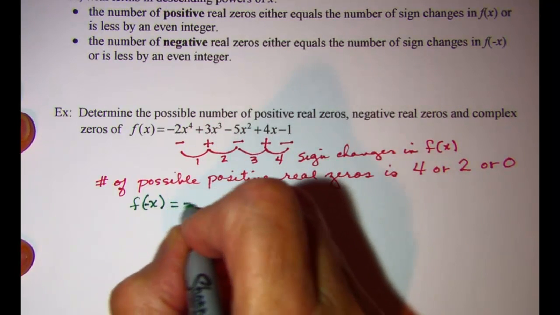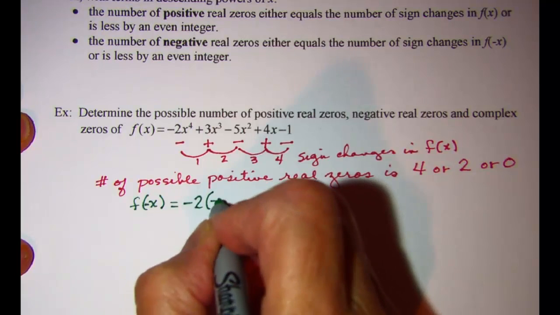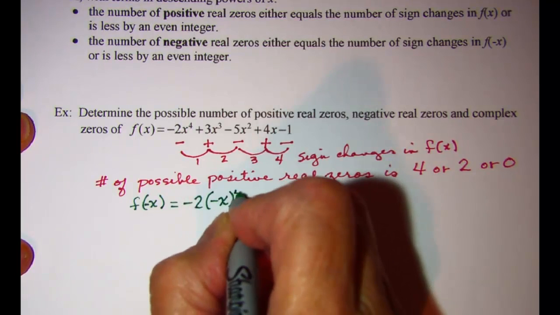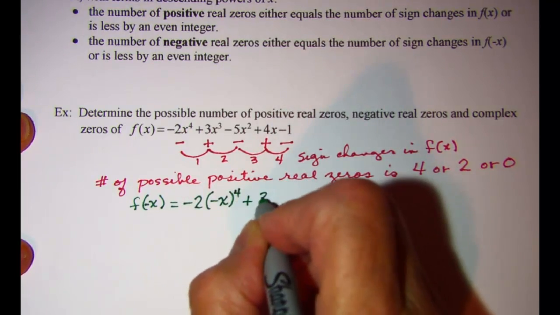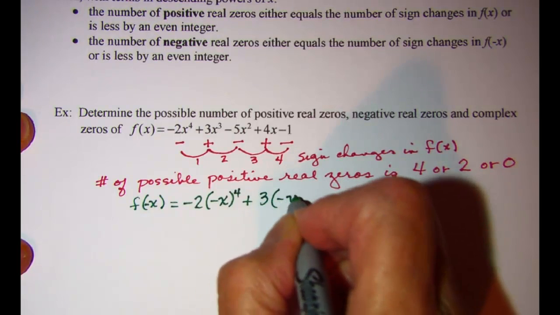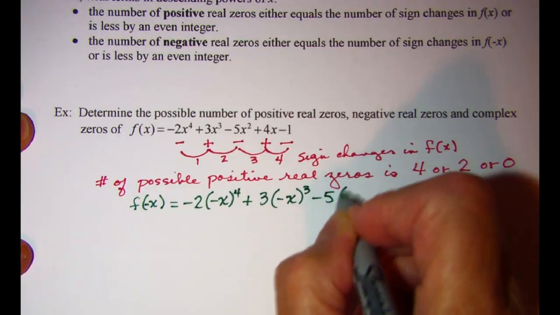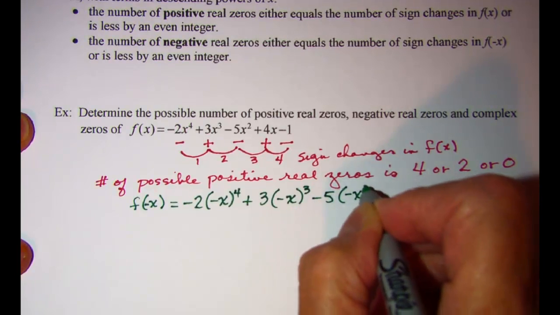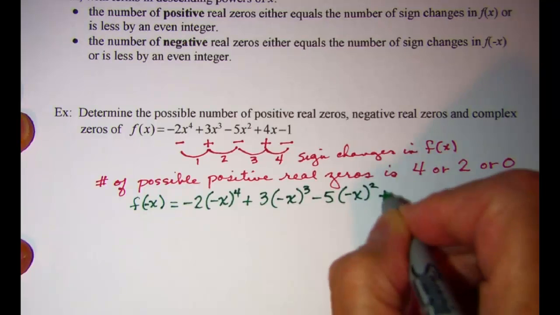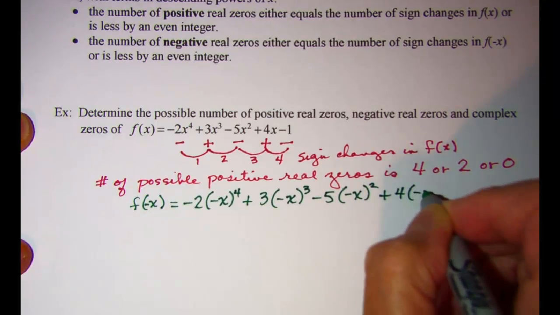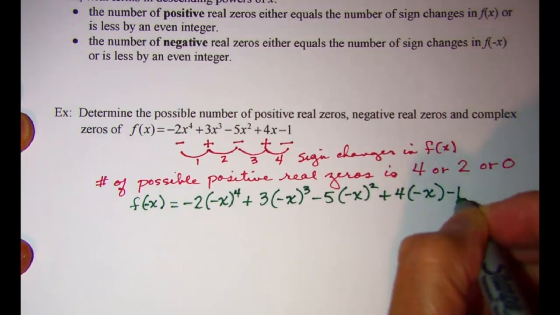So we have negative 2 times negative x to the fourth power plus 3 times negative x to the third power minus 5 times negative x squared plus 4 times negative x minus 1.